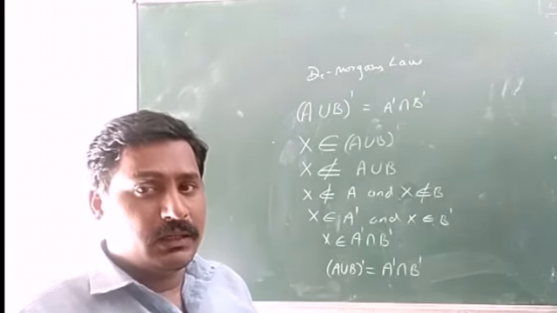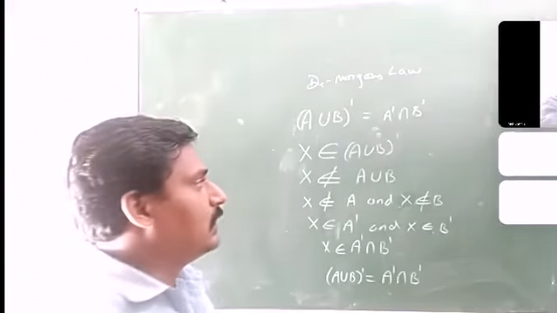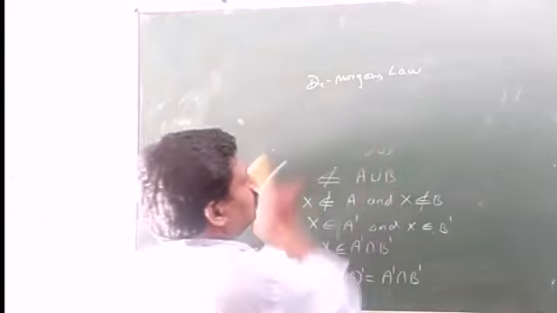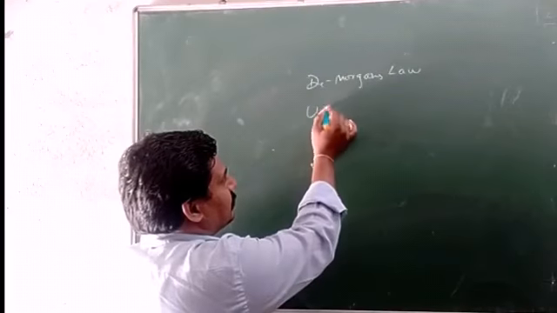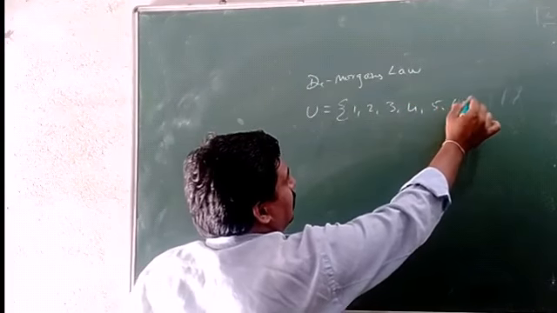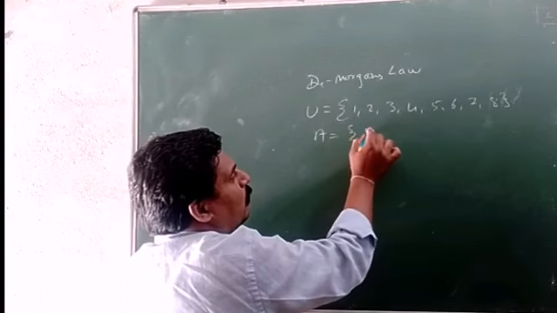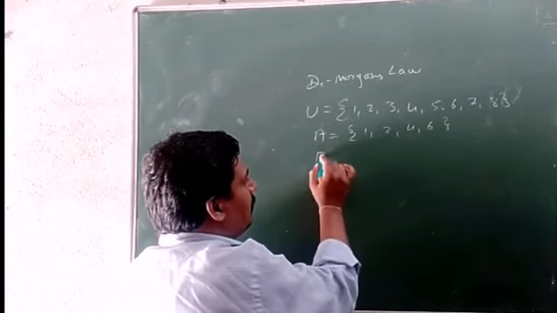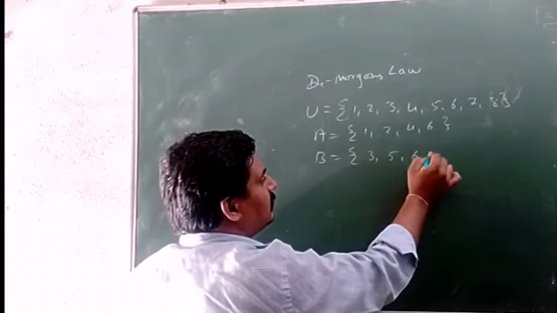Now let us prove this with an example. Suppose the universal set U is equal to 1, 2, 3, 4, 5, 6, 7, 8. Let A be equal to 1, 2, 4, 6. Then B is equal to 3, 5, 6, 7.